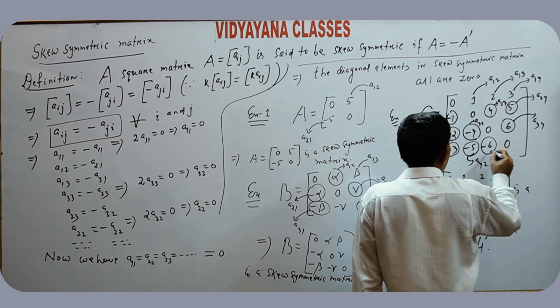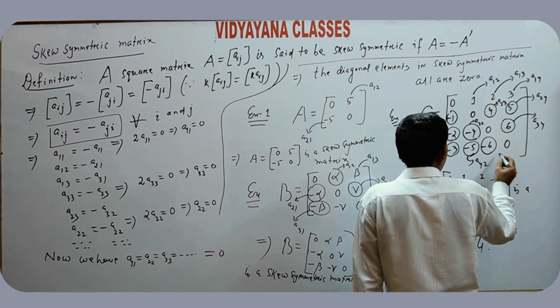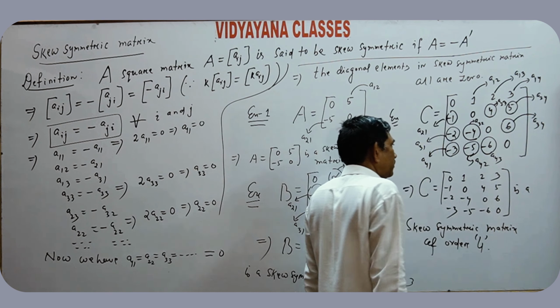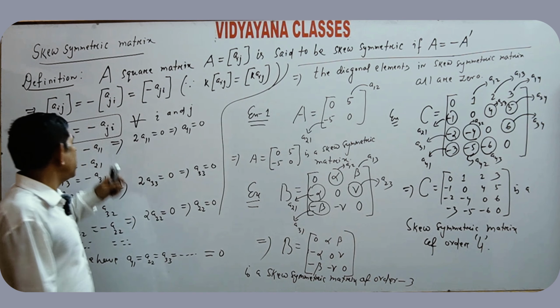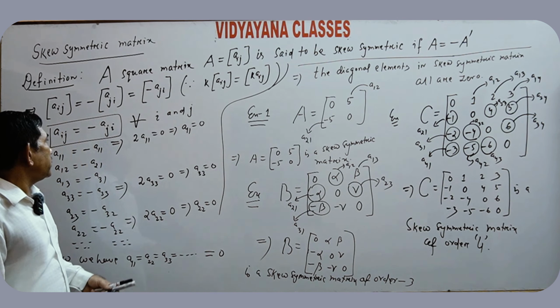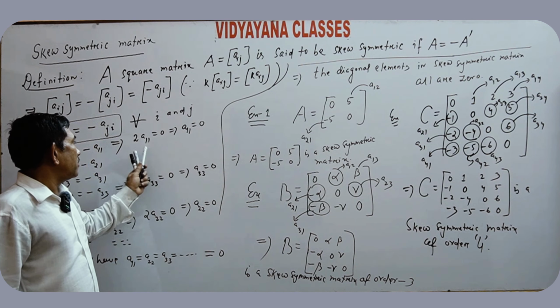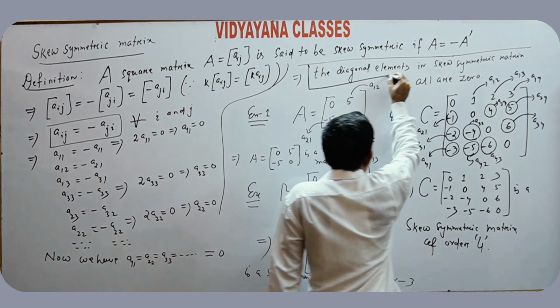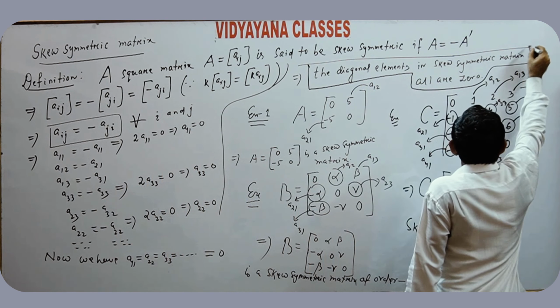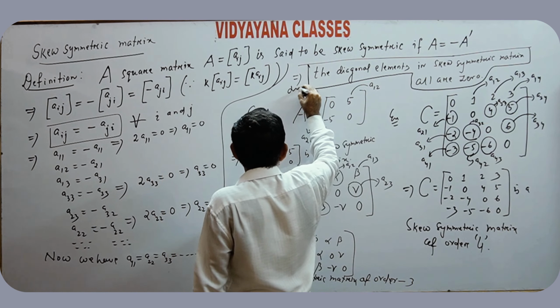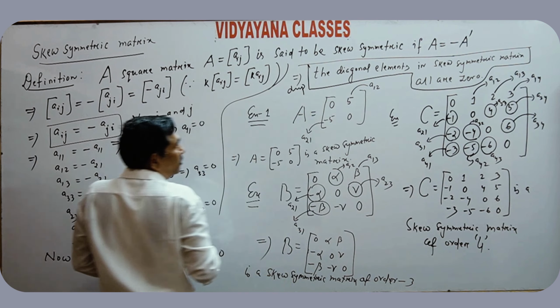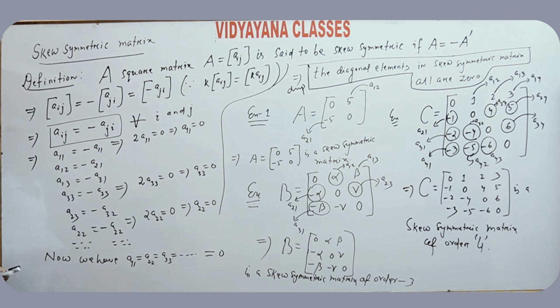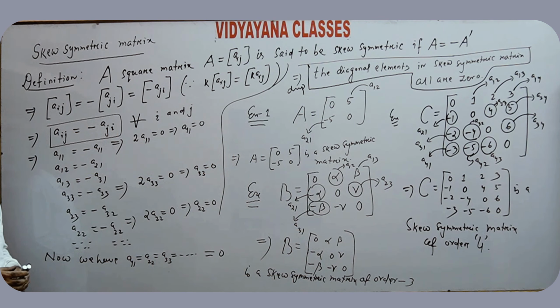Similarly A34 and A43. Clear? Since Aij is negative of Aji for all i and j, this implies the diagonal elements, most important, the diagonal elements in a skew symmetric matrix all are 0. Clear? Okay. Write down.